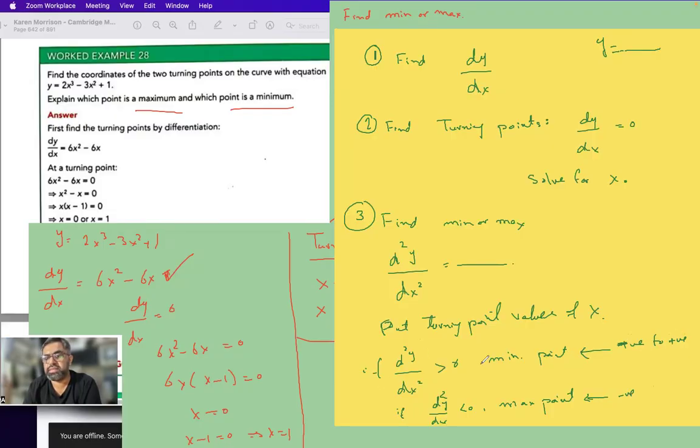That's why the rate of change is increasing. Max point means the slope is positive, coming to zero and going negative, so it's a hump. The rate of change is decreasing. So a max point starts positive in the beginning, then goes zero, and then becomes negative. So this is how we solve these kind of problems: finding the derivative, finding turning points, and finding whether these points are min or max.